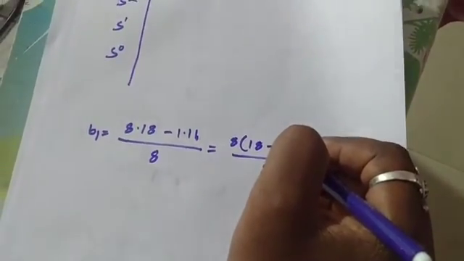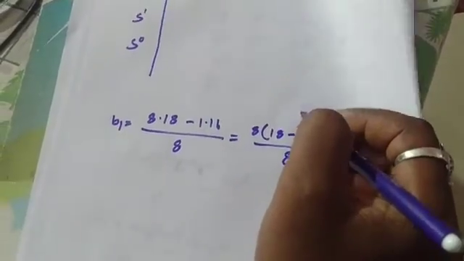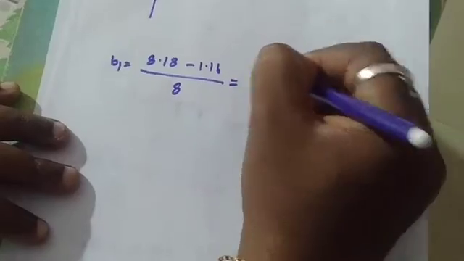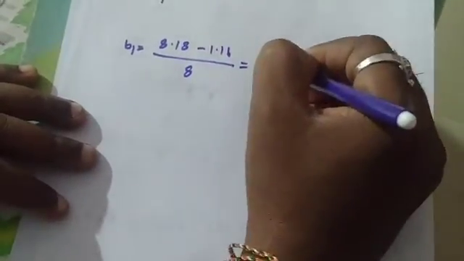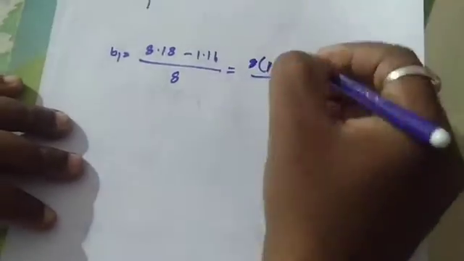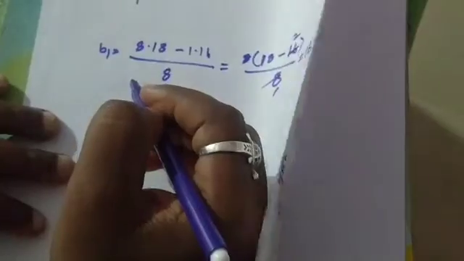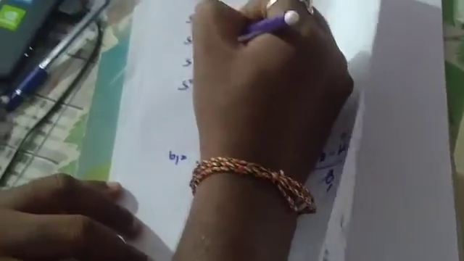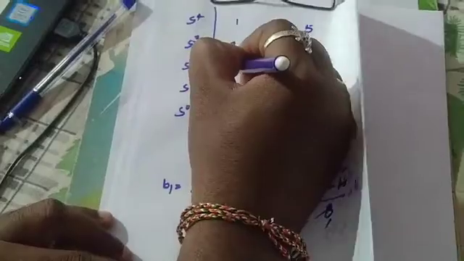If you take 8 outside, this will become 2, and 18 minus 2 will be remaining. The 8 cancels. 18 minus 2 is 16. B1 is 16. Now for the second row, B1 is equal to 16 now.